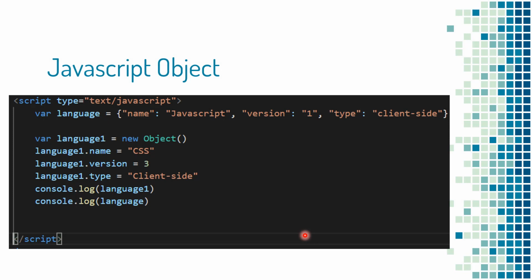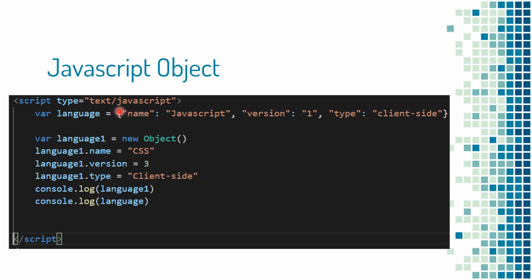Another type which is really important to understand in JavaScript is the JavaScript object. A JavaScript object is one variable that holds multiple values with different keys.